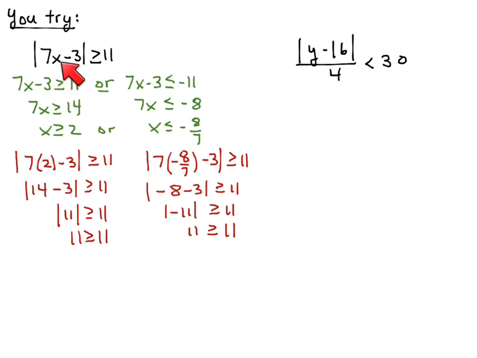But if 7x minus 3 is negative, you have to turn this around because you're multiplying it by negative 1. And so in this case, you turn it around and make the 11 negative. And in fact, if you follow down the way you're checking, if you put in negative 8/7 and you're looking here, you see you get to the point where that expression 7x minus 3 is negative, and it does turn it around to a positive.